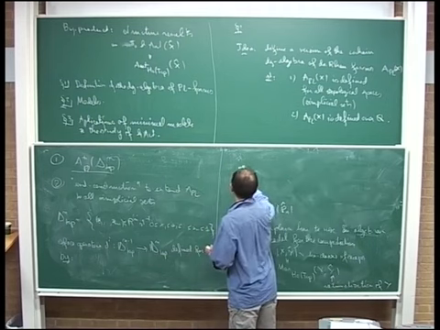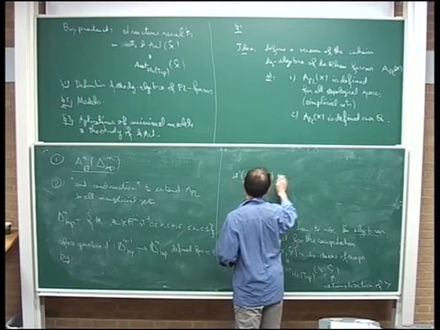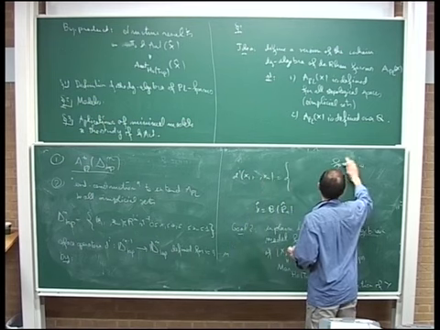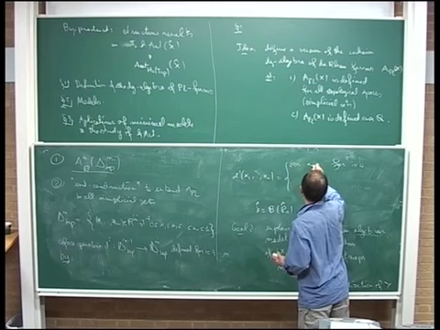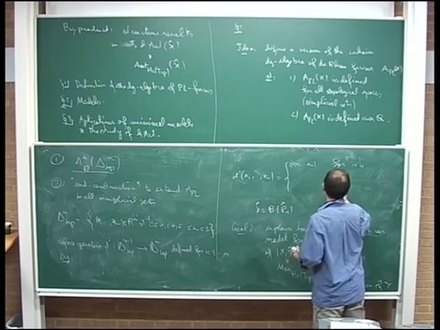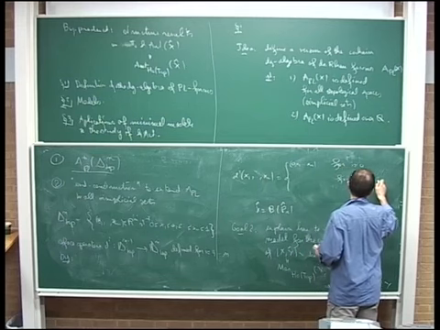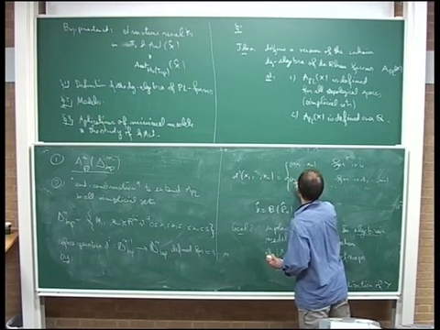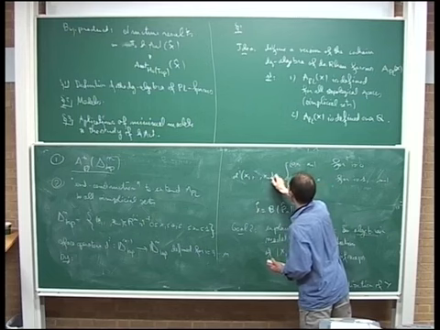So d^i of (x1, ..., xn). In the case where i is 0, then you just insert a 0. For i from 1 to n minus 1, you just repeat the ith component.